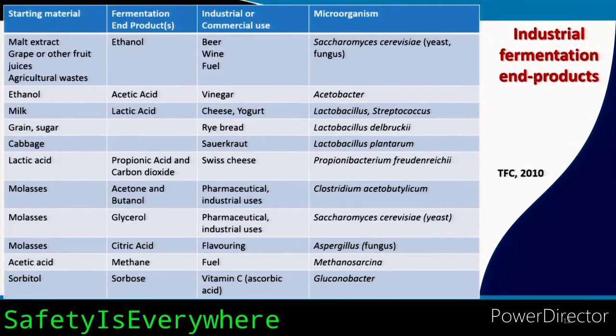Then we have grape or other fruit juices which are used for making wine, and again the fermentation end product is ethanol, and the same fungus is used for mediating this reaction. In the last case, we have agricultural waste, which can be converted to fuel. So we have biodiesel production, which has become very popular.